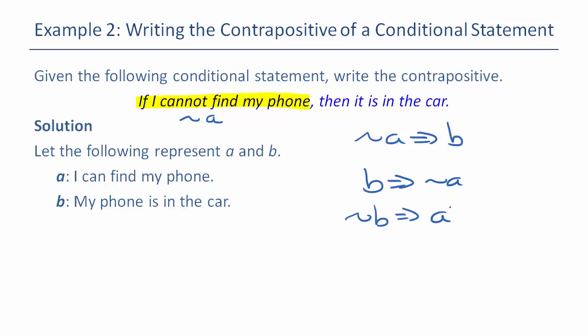A negative times a negative gets you back to positive. You just get A. So now all you're going to do is put the English into this one and say if the opposite of B, then A. So if my phone is not in the car, then I can find my phone.